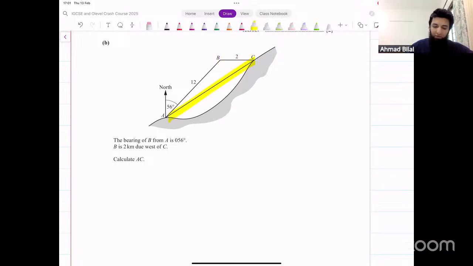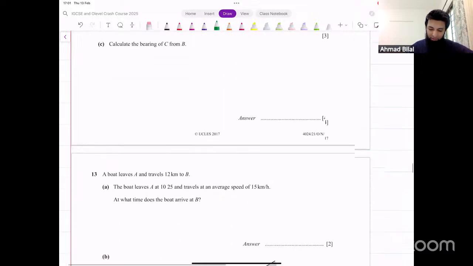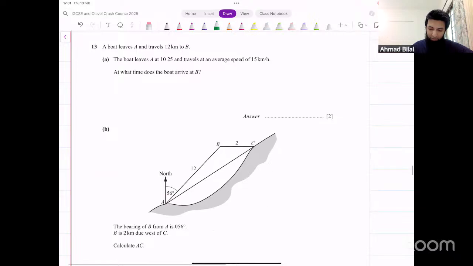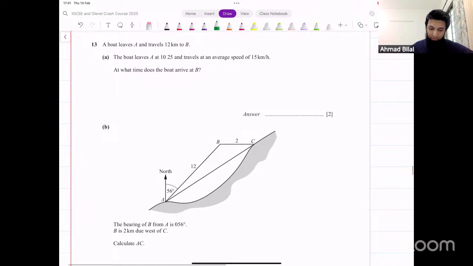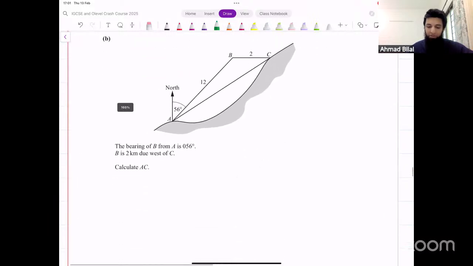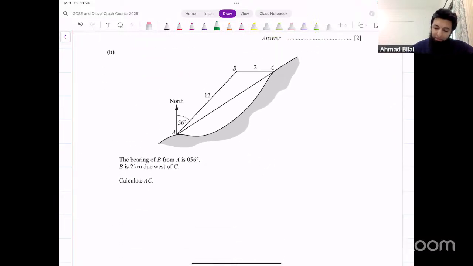This length is what we are looking for. Now, in this triangle, we have two sides. What else do we have there? AB is 12. So we have no additional information there. These angles are given, this one angle is given, and we have that side given.